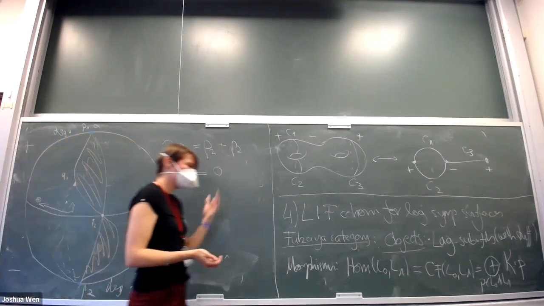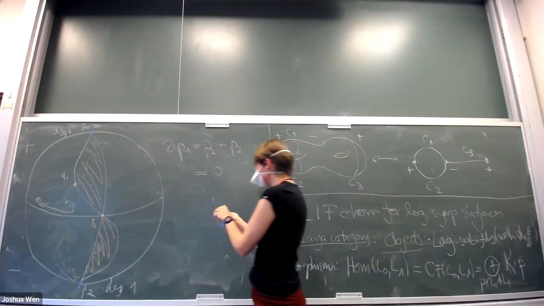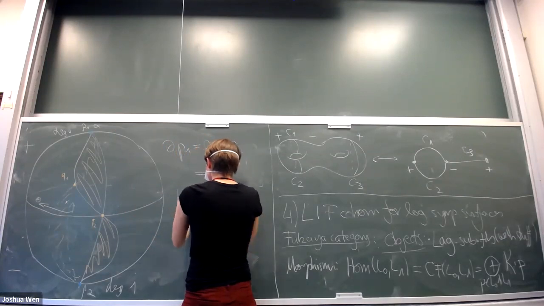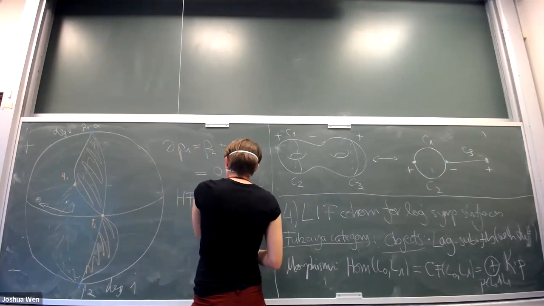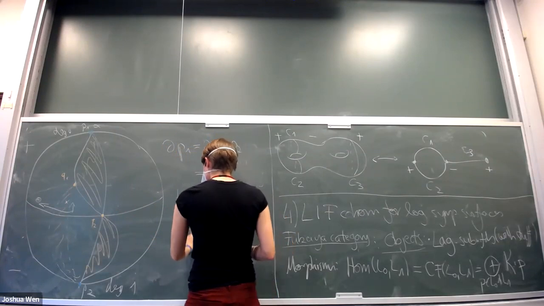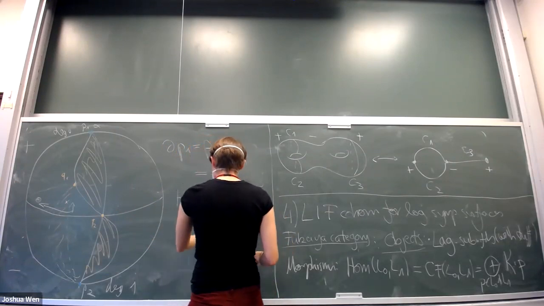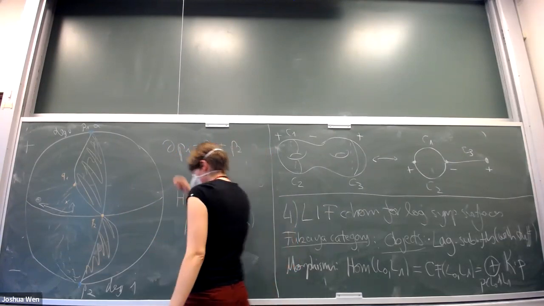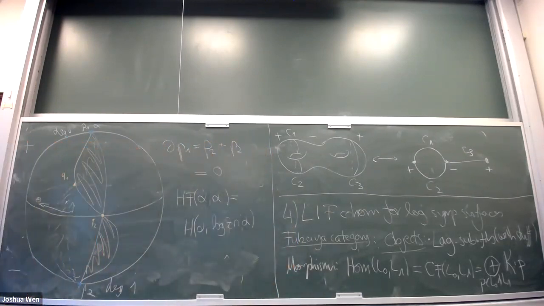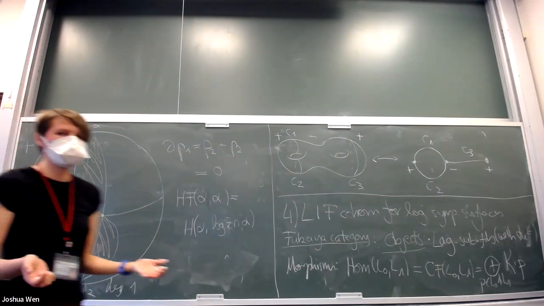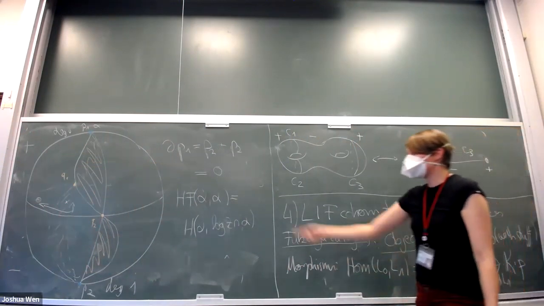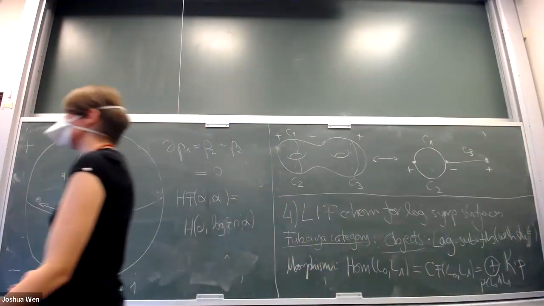And then the Floer homology of alpha with itself, in that case, agrees with what's called the log homology of alpha with respect to the intersection with Z. I'm not going to explain exactly what this homology is, but whenever we have a manifold with a specified codimension 1 submanifold, then the log homology is the natural homology associated with this.